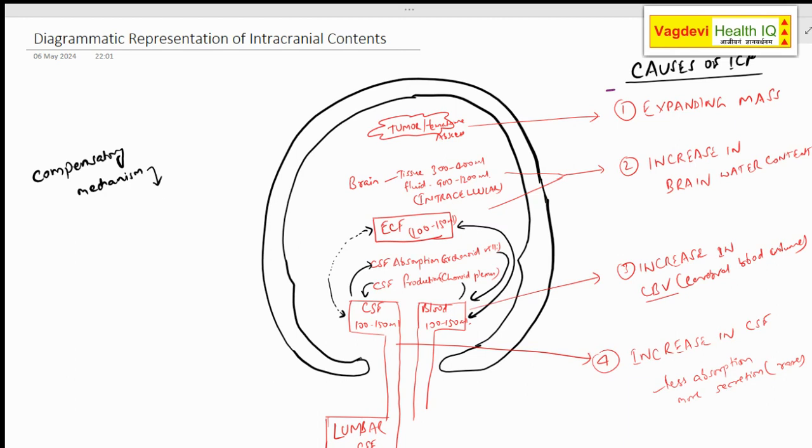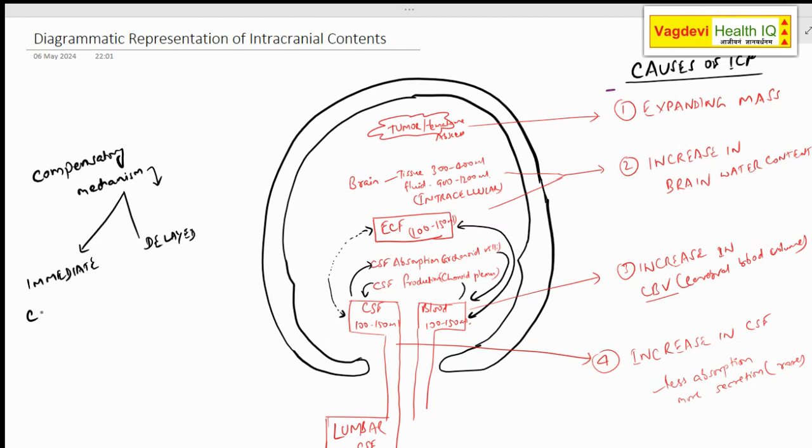It could be either immediate or it could be delayed. It's not necessary that intracranial pressure will increase immediately.